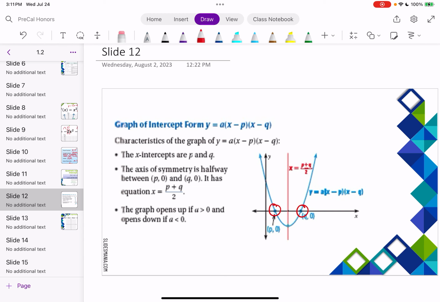To find the vertex, we add the two together, P plus Q, and divide by 2. That gives us our middle spot. From there, we plug it back in, which gives us our y, so either how high up or down. And that's how we figure out that our vertex would be down here.